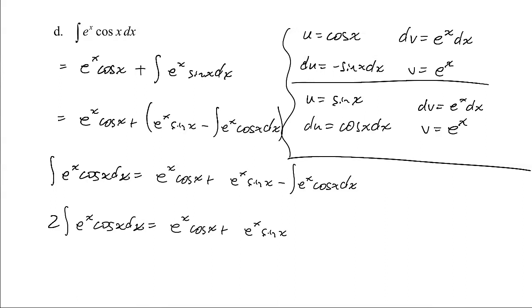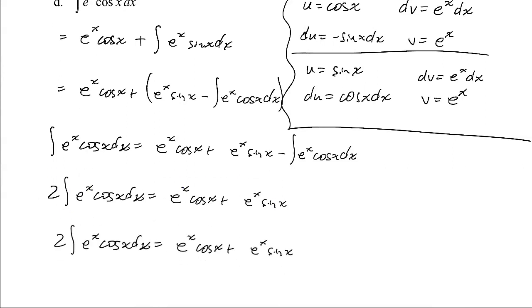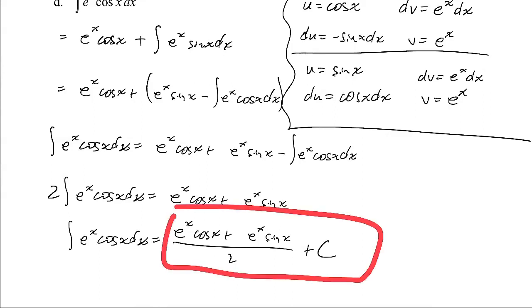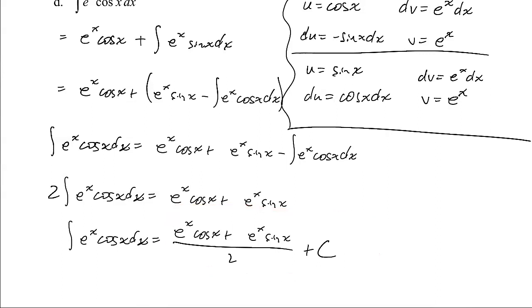So I would have, technology is amazing. Love it. Right, and that's it. E to the x cosine x plus e to the x sine of x over 2 plus c. That's the problem. That's the whole deal.